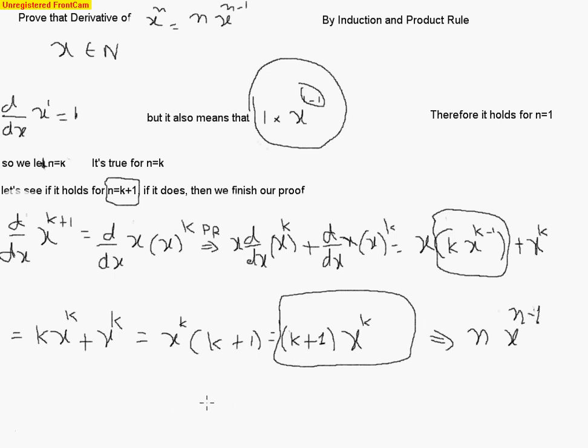Let's erase that out. n equals k plus 1, so n minus 1 is equal to... we're trying to find n.